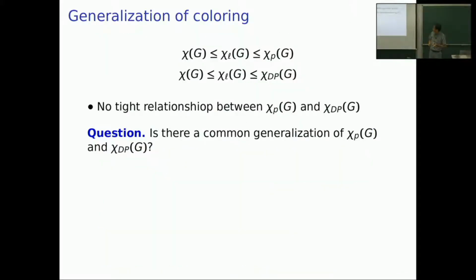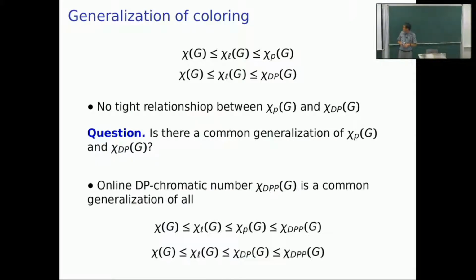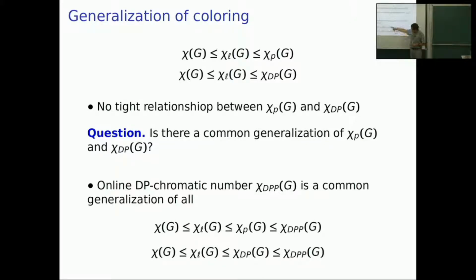So we want to find some common generalization of these two parameters. We define the online version of DP coloring, and the good thing is it turned out this online version of DP coloring is a generalization of these two parameters.